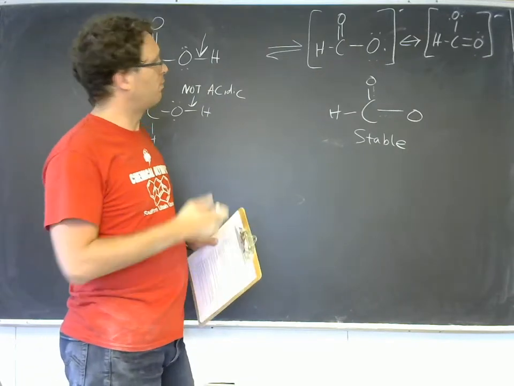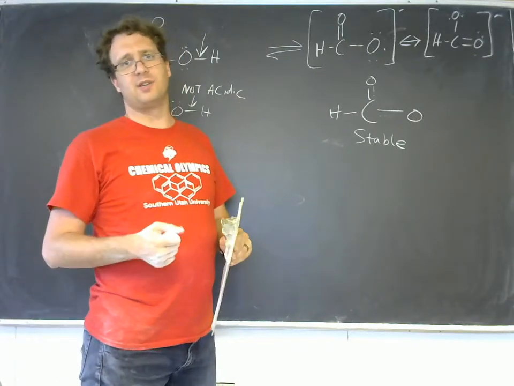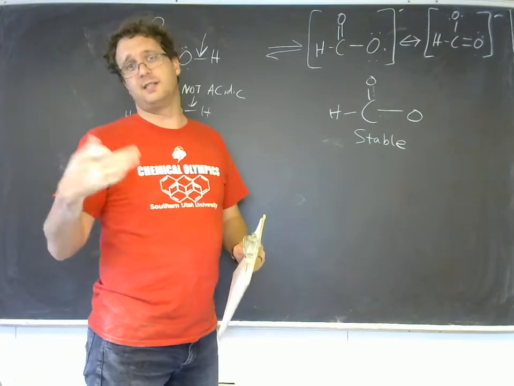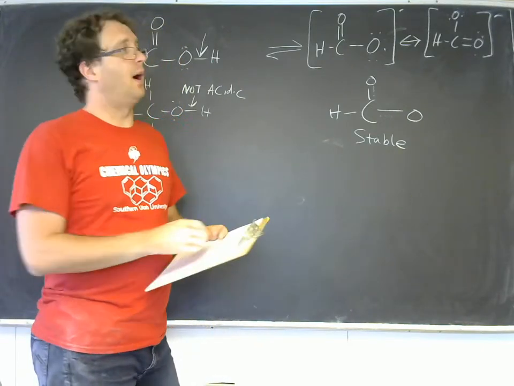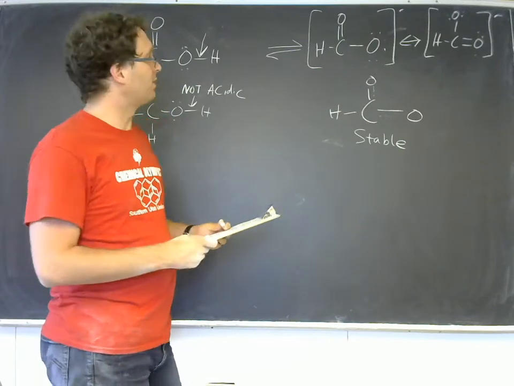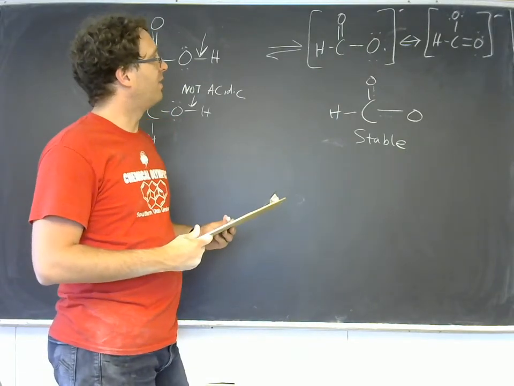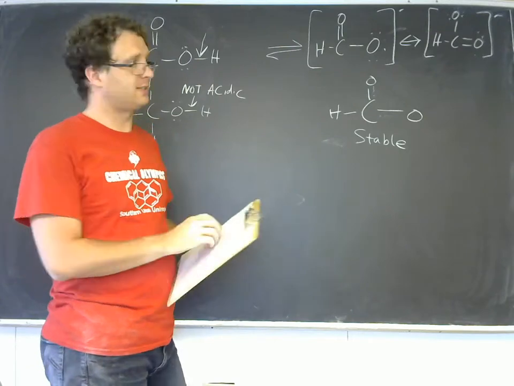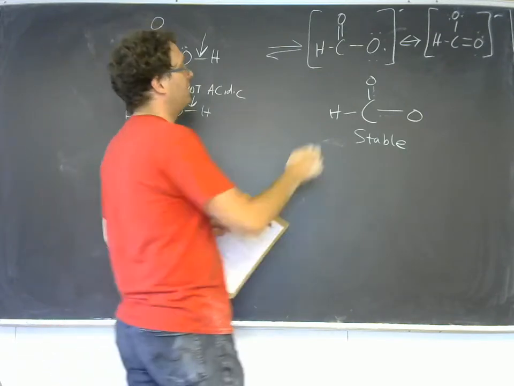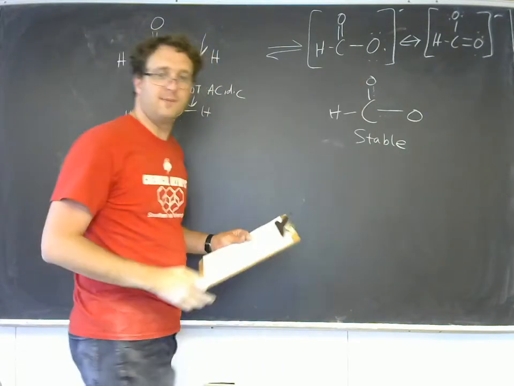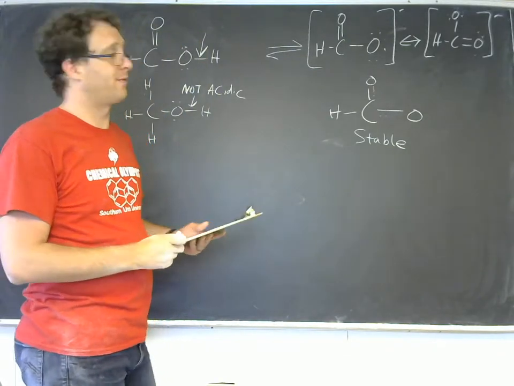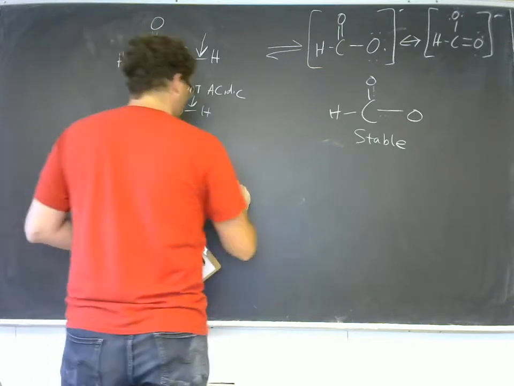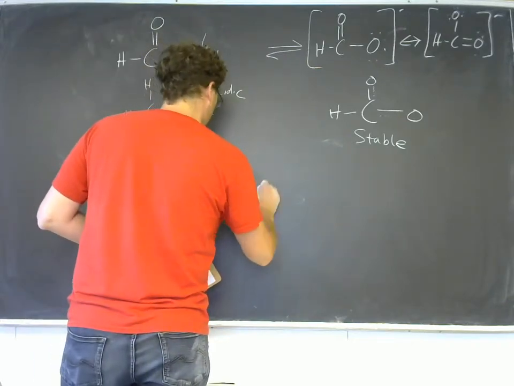All carboxylic acids will exhibit this: formic acid, acetic acid, propionic acid, butanoic acid, all the others. So the strength of carboxylic acids is explained by the resonance stability of the conjugate base, the anion that's left over afterward.